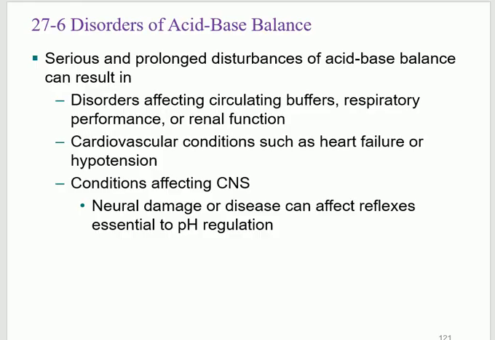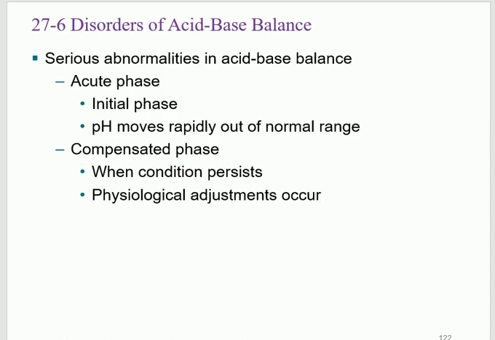So what are the disorders of acid-base balance? It's acidosis or alkalosis. This is what we were talking about all the time. In both cases, it goes into different phases. It's acute phase and compensated phase.